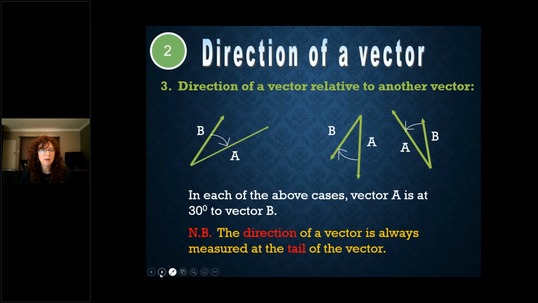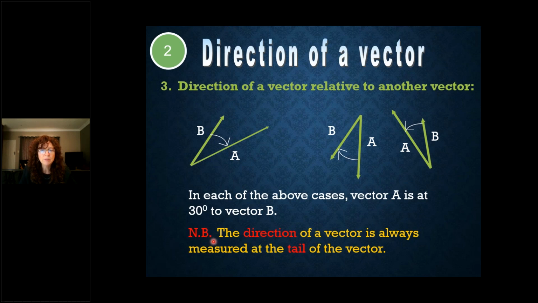If this is 180 degrees, you will say it's 30 degrees west of south, or whatever. So make sure that you do know how to apply the direction.